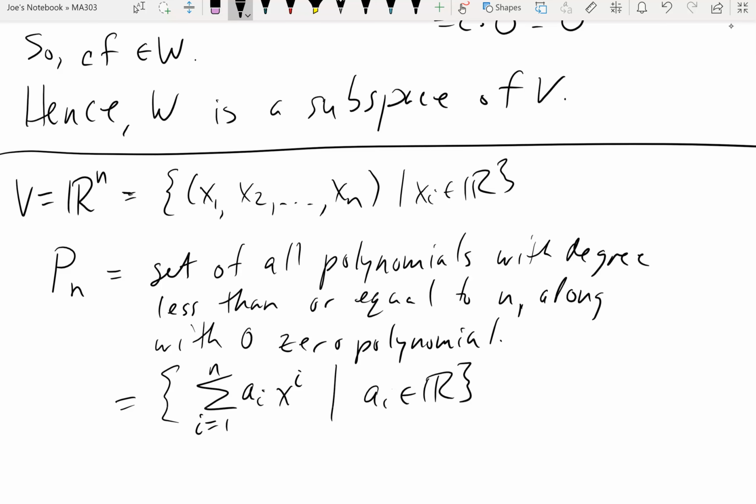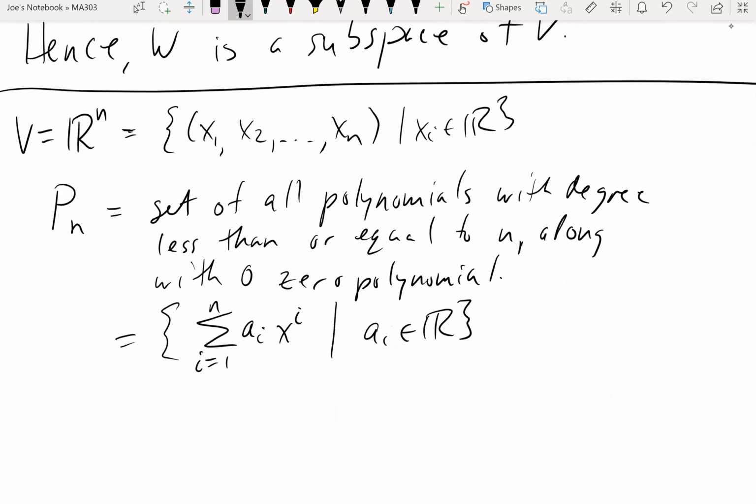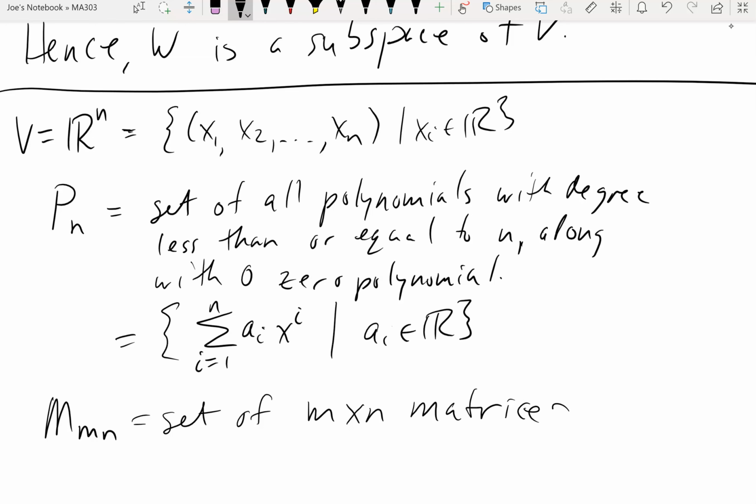Another notation that you'll see is capital M with subscripts m and n. And this is a set of matrices that have dimension m by n. I'm only mentioning these because you'll see the notation pop up from time to time.